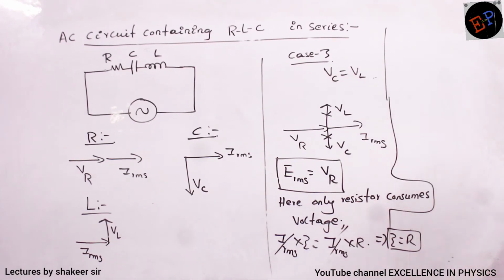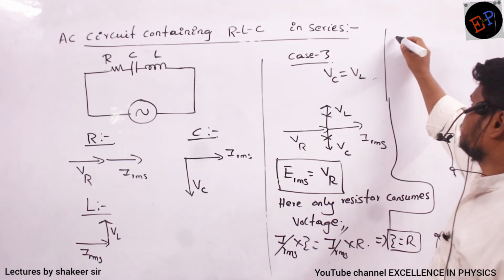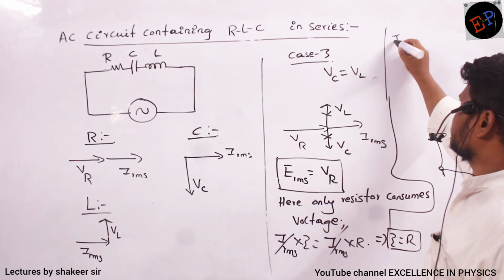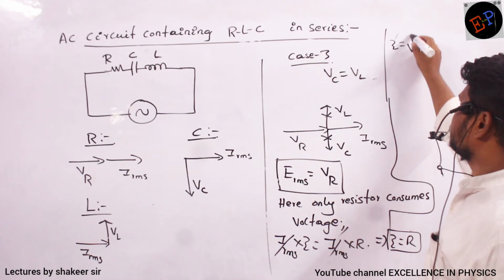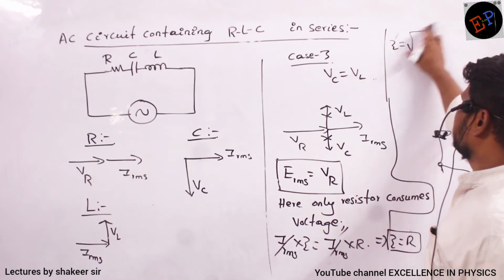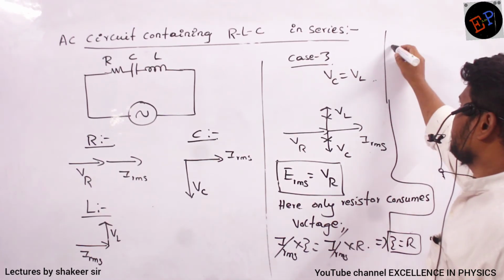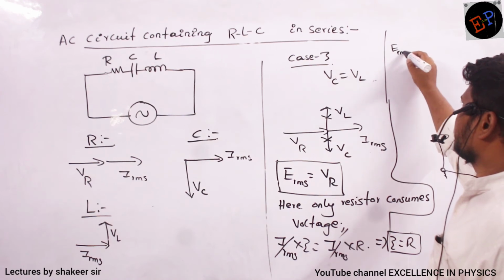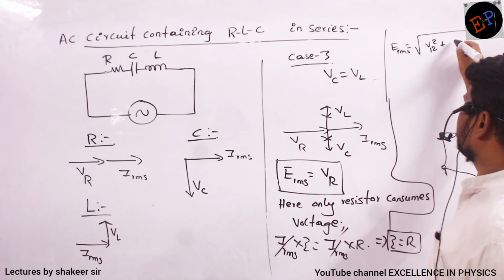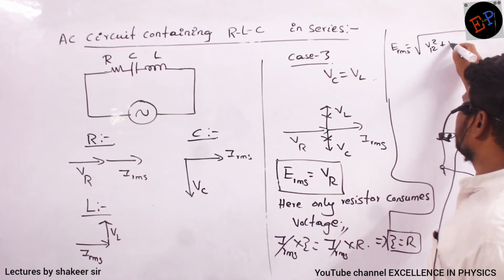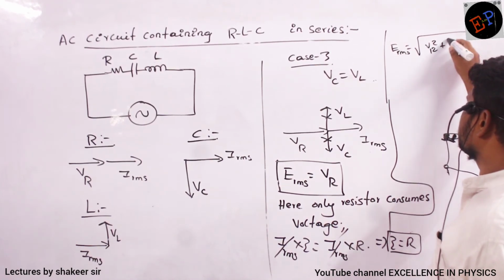Okay? Or you can write like this also. So for example, we will write ERMS is equal to square root of VR square plus (VL minus VC) whole square.